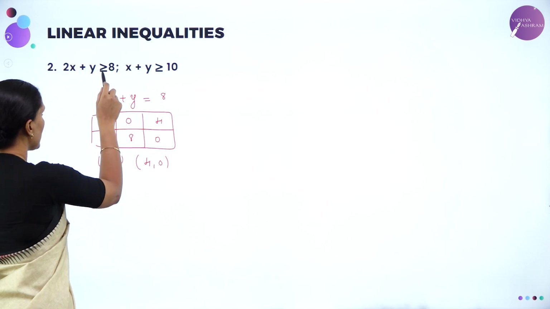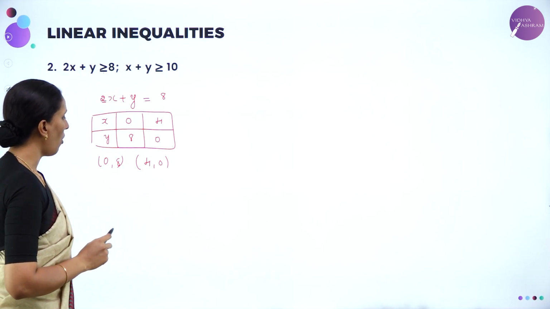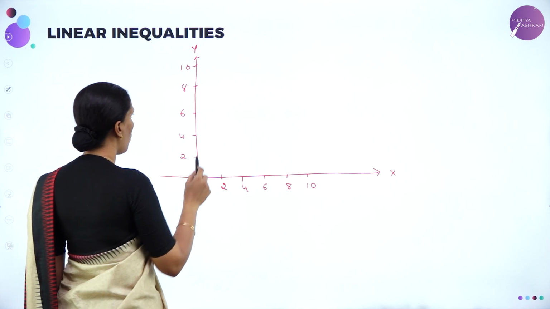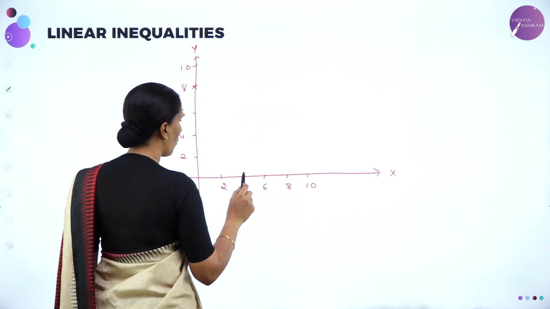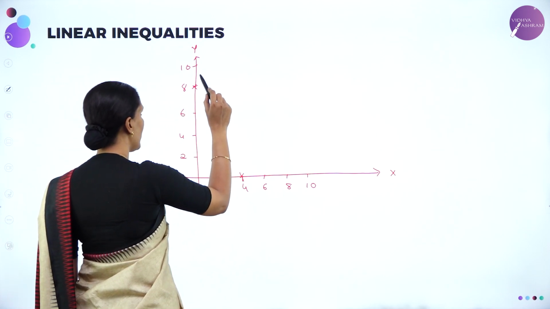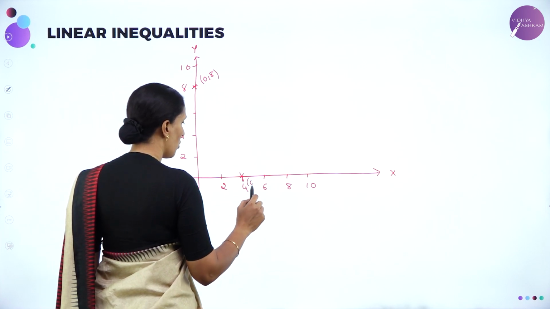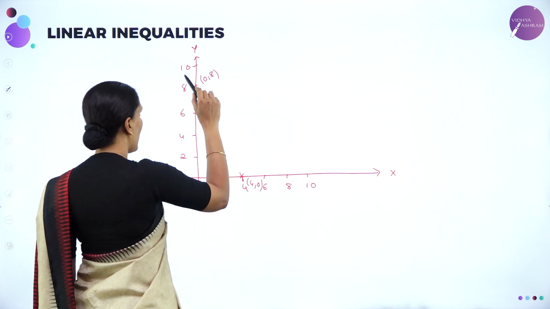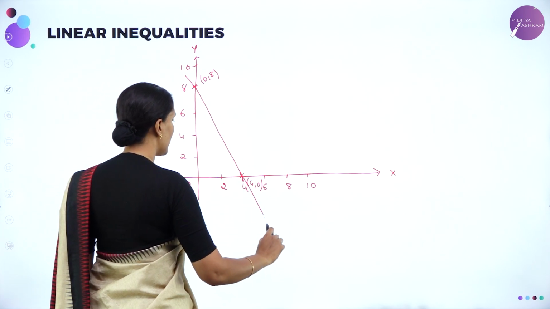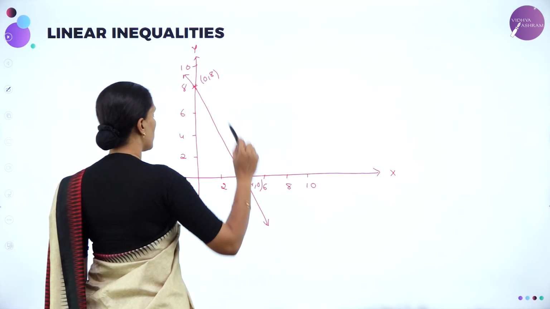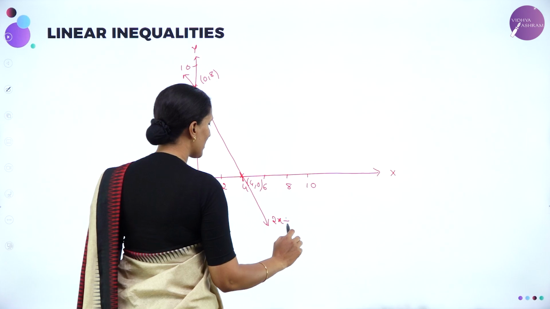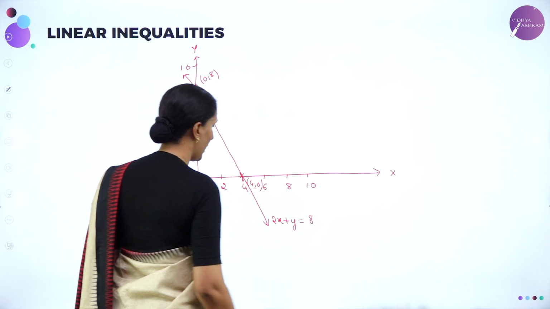Now since it is an equality, we can draw a darker line. So 0, 8, 4, 0. Draw a line joining these 2 points, 0, 8 and 4, 0. Draw a line passing these points. So the equation is 2x plus y is equal to 8.